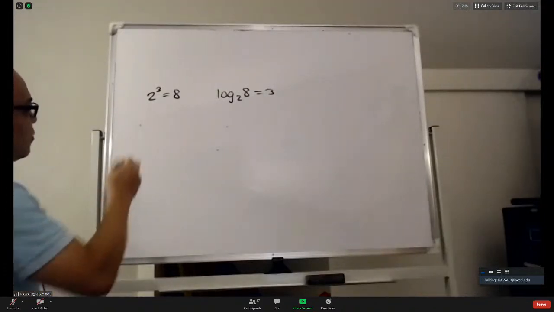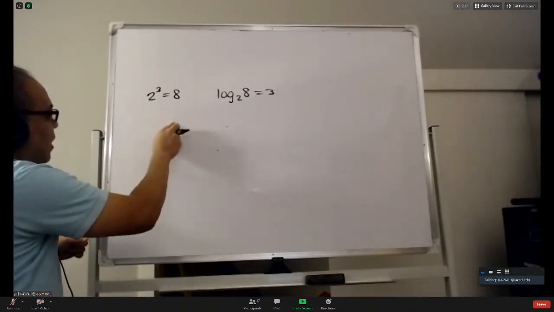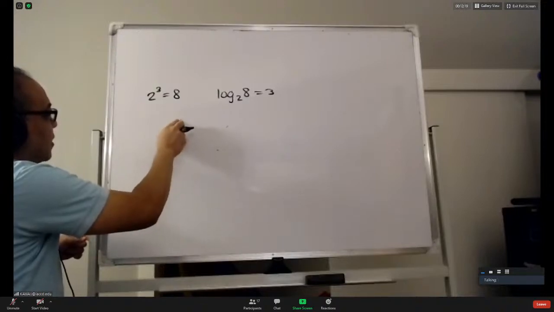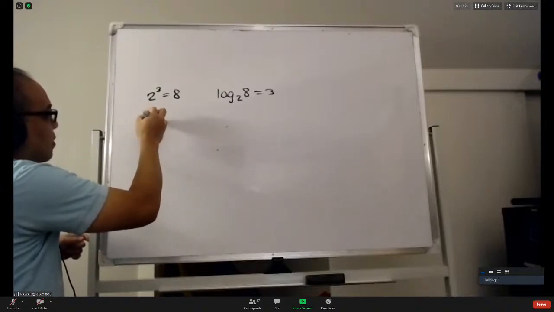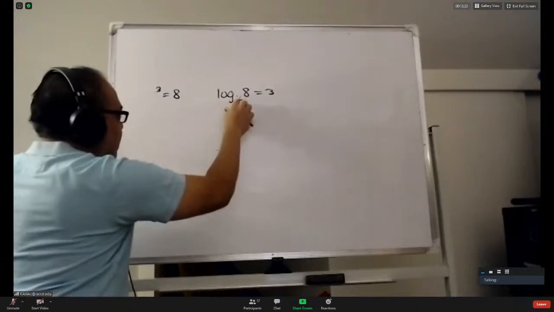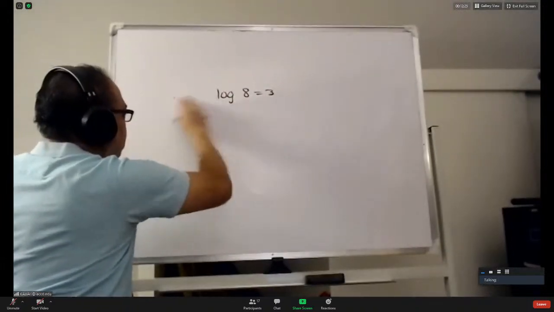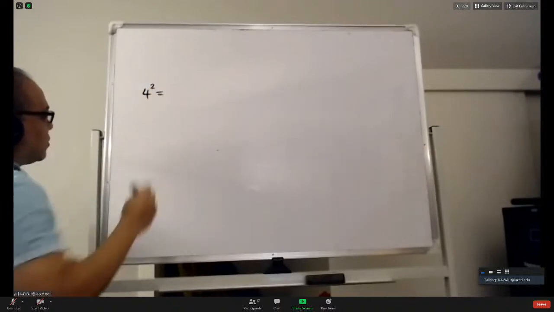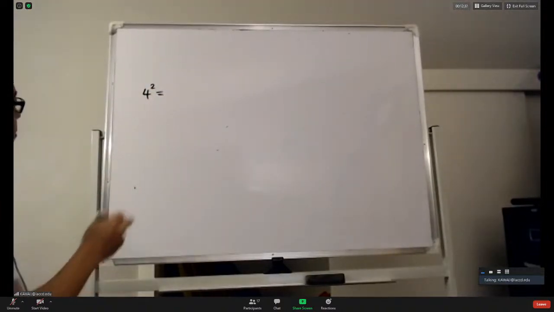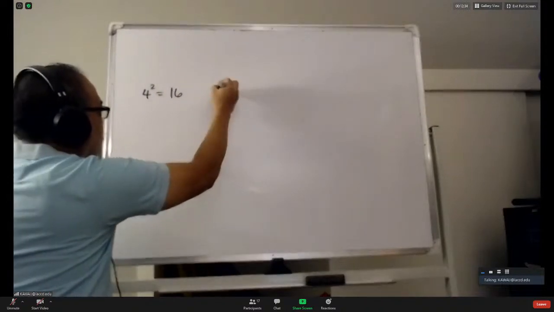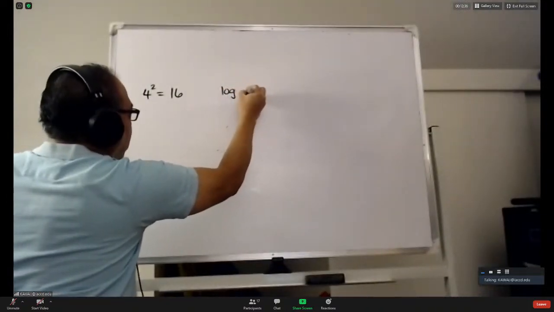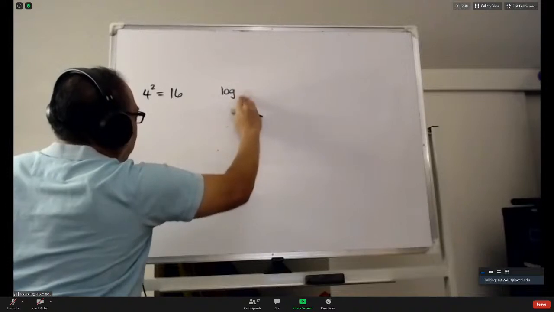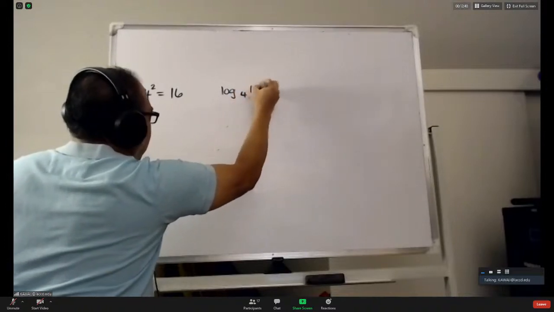And then you'd have someone that would do, let's do 4. That's a better example. So someone would have 4 squared is equal to 16. Again, don't copy this. So then you would know that log 4 of 16 is equal to 2.